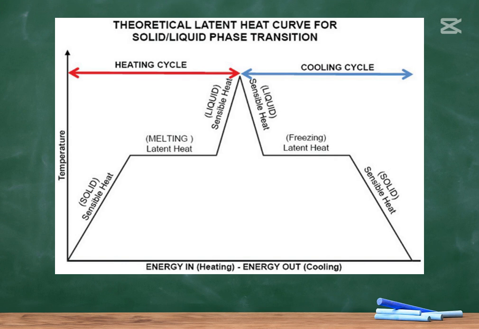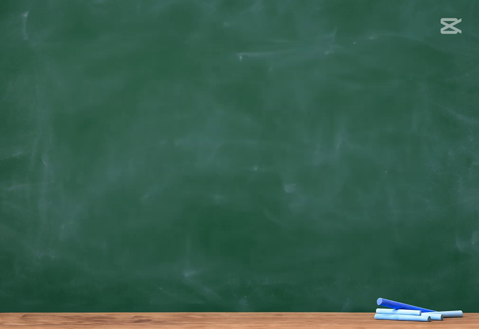This is the latent heat of fusion again, but in reverse, the energy is released as the substance solidifies. So, in both heating and cooling curves, we see that there are plateaus where temperature stays the same during melting, boiling, and freezing. These plateaus represent the energy being used for phase changes, not for raising the temperature.